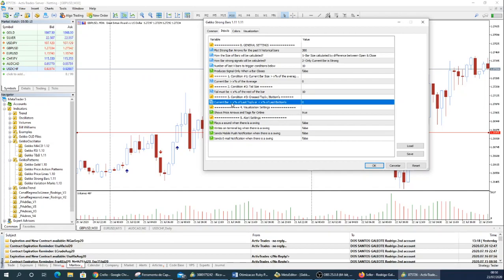So you can leave this as 0 if you don't want this factor. If it's just 1, it just wants the current bar to be greater than the last tops, that's fine. But if you want the current bar to be greater than the average of the last bars plus a percentage, this is the percentage you're going to put in here, right?